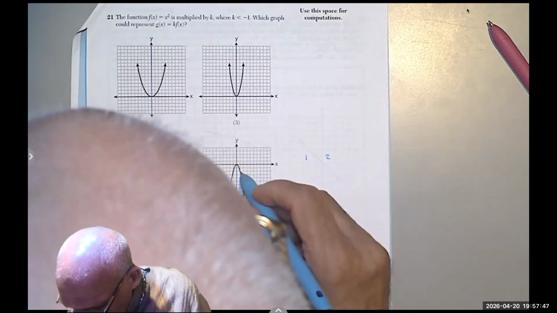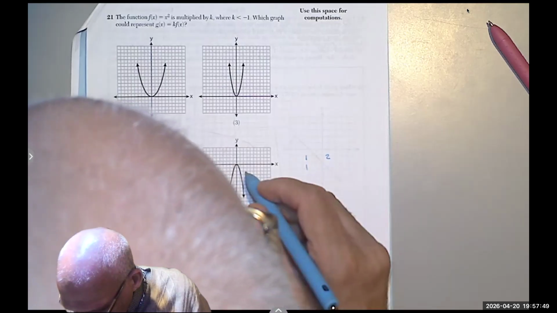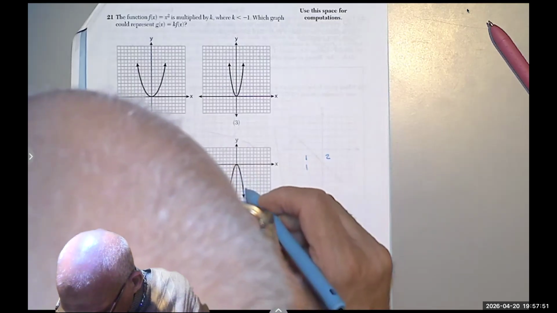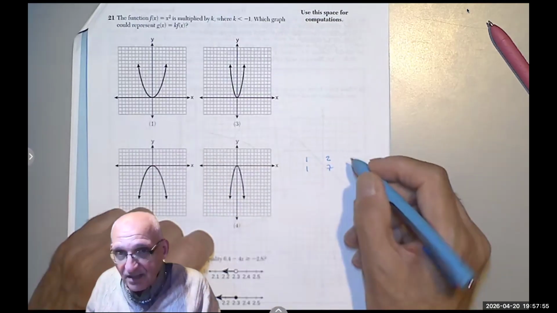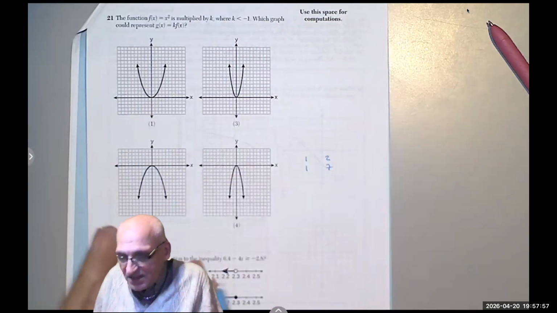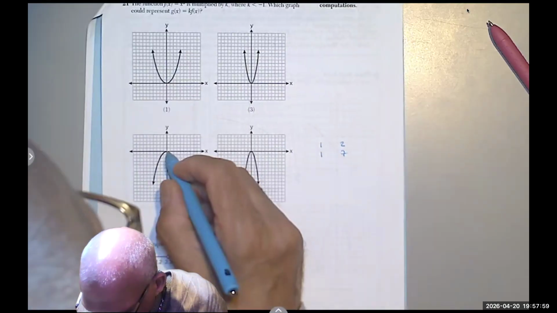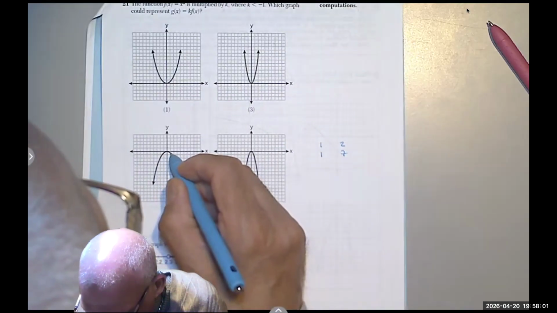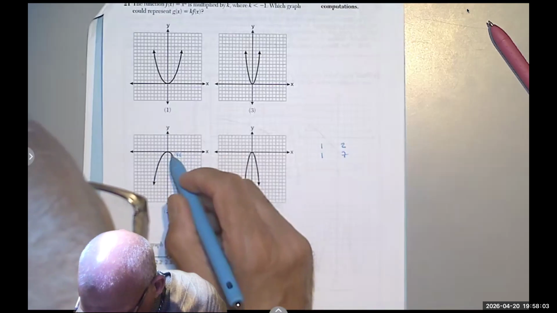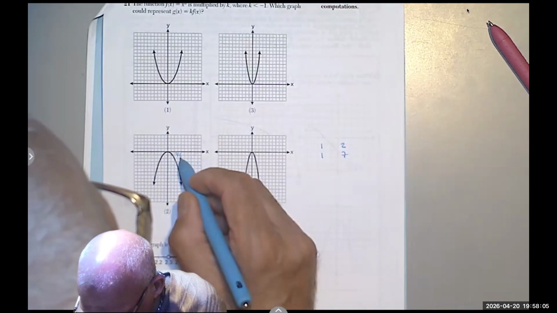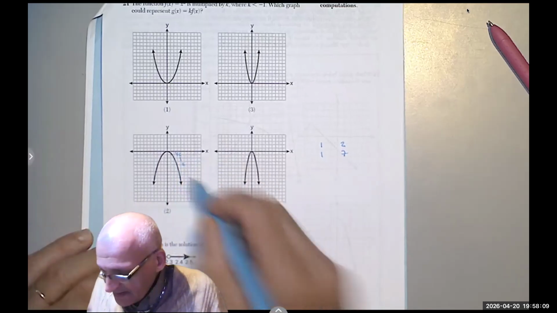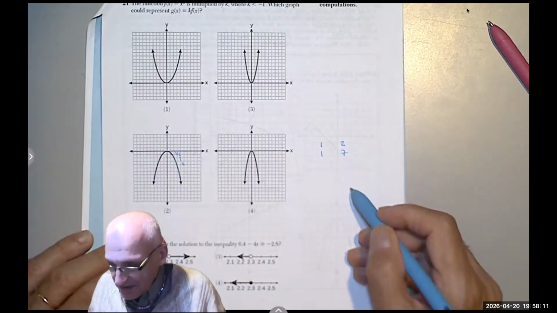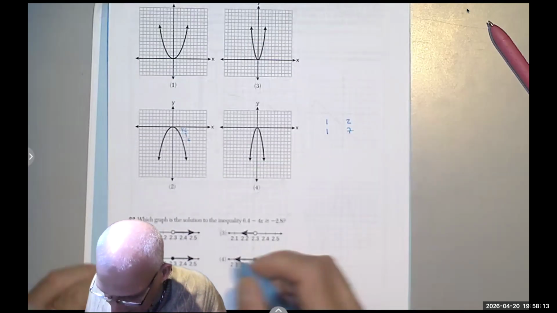And then when I move 1 to the right again, I drop 1, 2, 3, 4, 5, 6, 7. It gets very squeezed. Here, if I take 1, I drop less than 1, maybe 1/2. Then I go 1, I drop 1. And then 1, I drop 2, double. But here it's much larger. So it has to be 4.